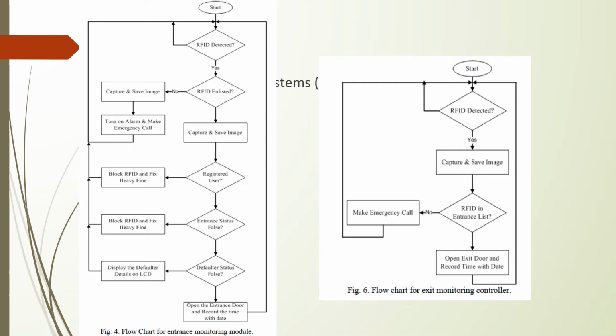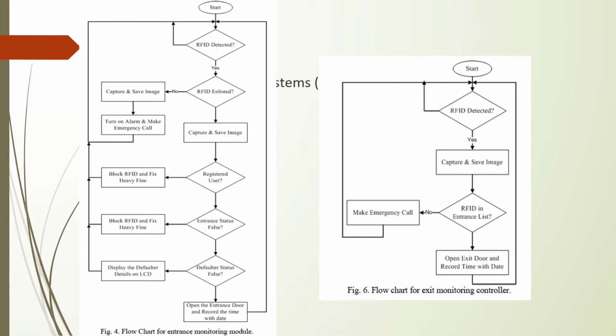If the user is a registered user, then it will process further. Otherwise, it will block the RFID and place a fine on the user. And on the first step, if the RFID is not listed, the system will also capture the image, sound an alarm and make a security call.